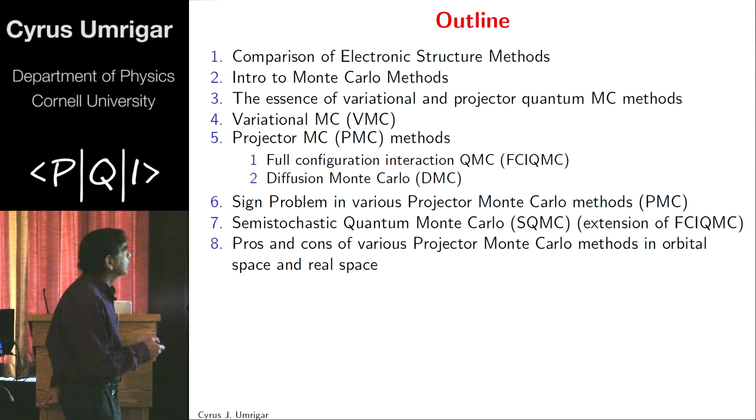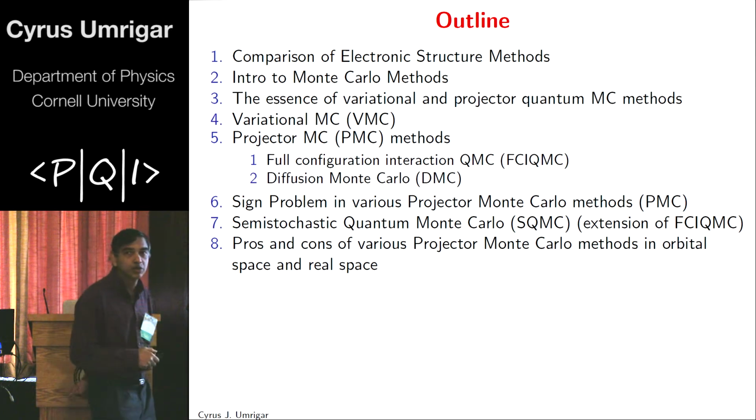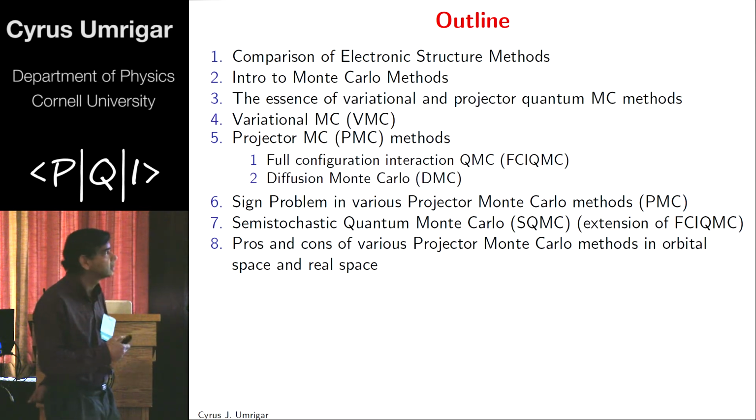I will give you an introduction first to just Monte Carlo methods before I talk about the quantum Monte Carlo methods, and I will mostly focus on two different quantum Monte Carlo methods, variational Monte Carlo and projector Monte Carlo methods. And again, within projector Monte Carlo methods, two different methods, in one of which the walk is done in real space, and in the other, the walk is done in orbital or determinant space.